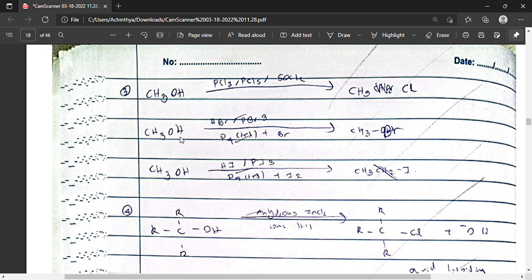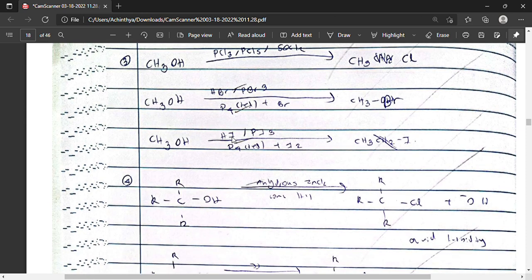We can heat alcohol with hydrogen bromide or PBr3 or red phosphorus with bromine, and we can get the respective alkyl bromide. And we can do the same thing with hydrogen iodide heated or PI3 heated or red phosphorus and iodine heated, and we can get the respective alkyl iodide from the alcohol.